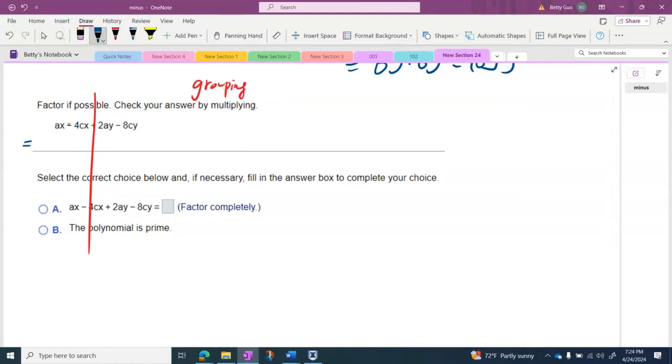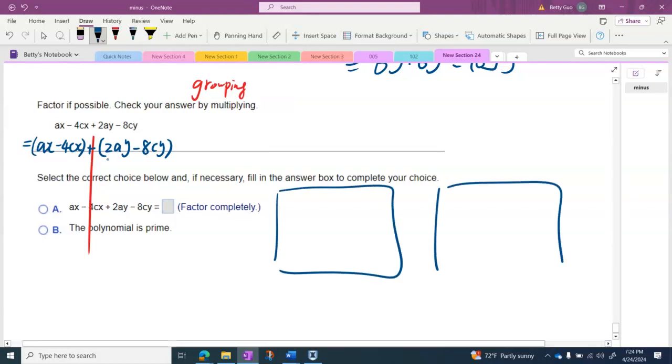Cut in the middle, the first two terms, ax minus 4cx. And the last two terms, plus 2ay minus 8cy. Two boxes. First box, first group, ax minus 4cx.